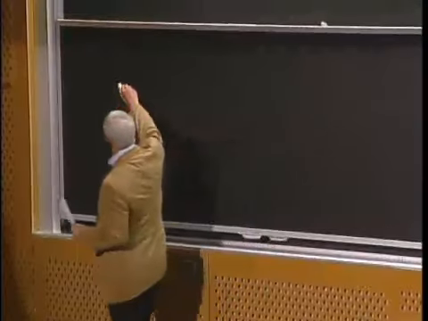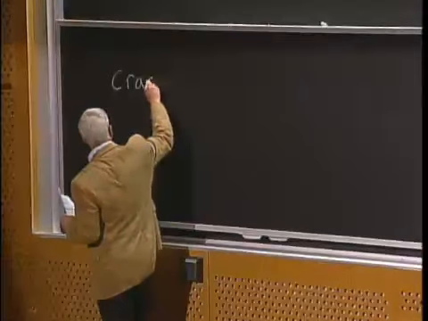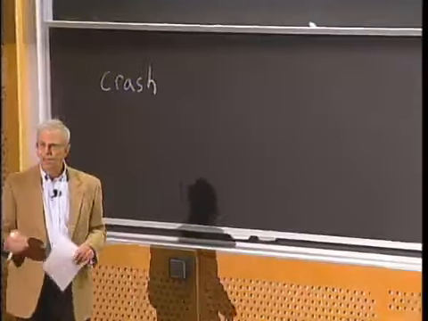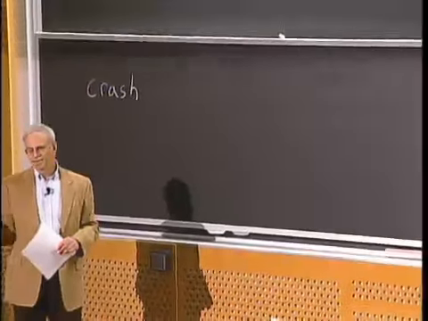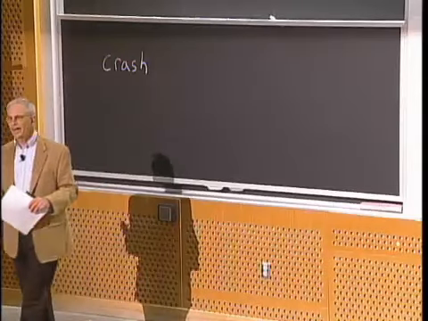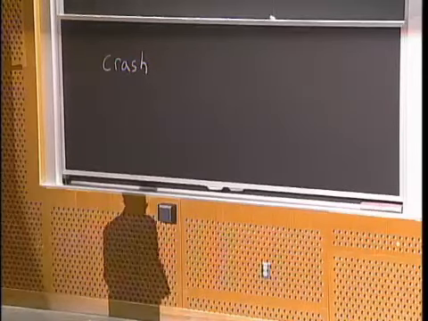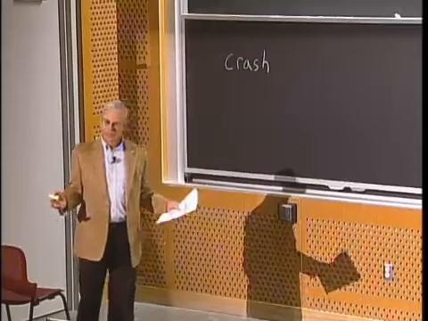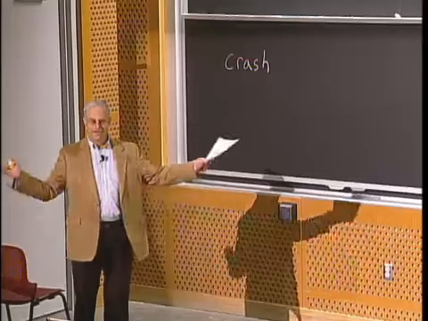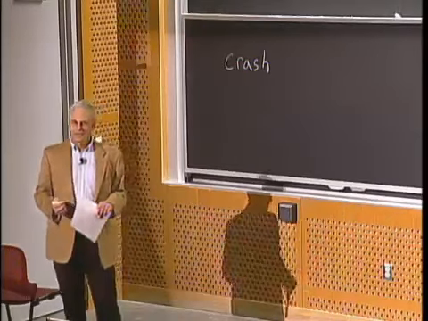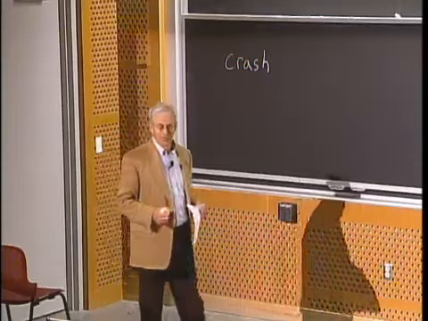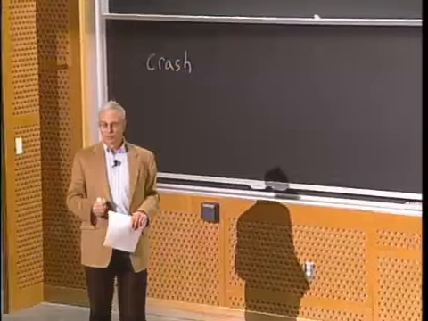It might crash. By that we mean stop running and produce some palpable indication that it has done so. So you've all used programs that have crashed, right? You've sat there using your email program or Word or PowerPoint or something, and suddenly it just goes away, and you get a message on your screen and an invitation to send Apple or Microsoft a file explaining what went wrong so they can fix it.